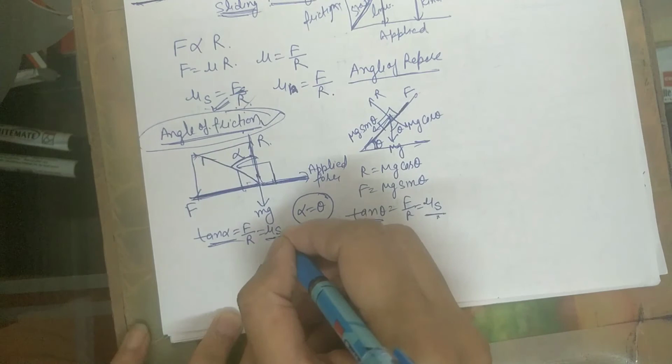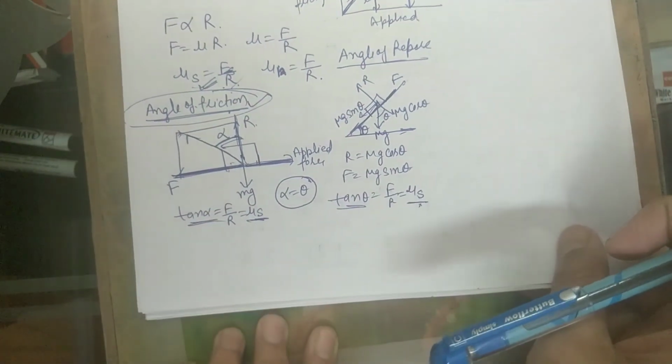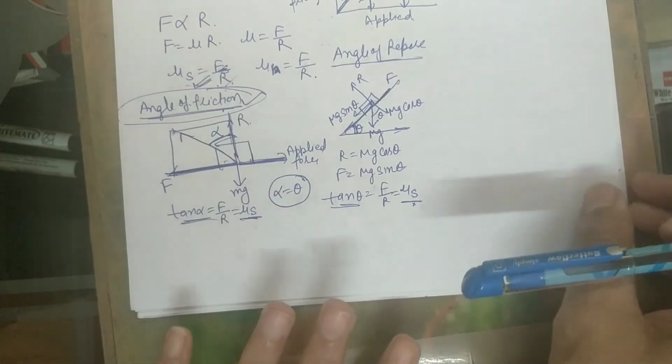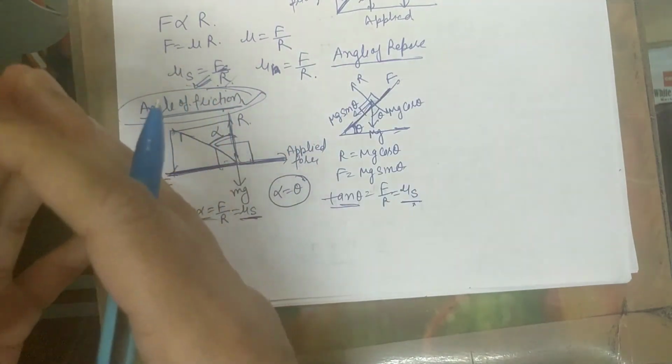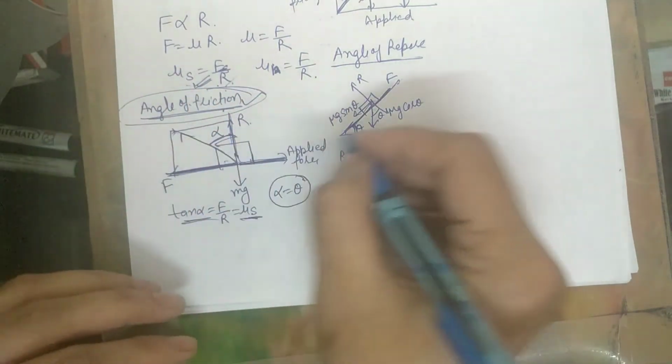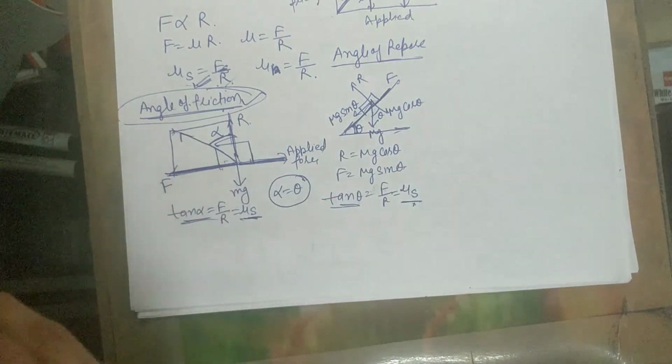Friction is a necessary evil. There are some advantages: we can't bind things without friction. It is an adhesive force; we can't write on a surface or move anything without it. So friction is required.